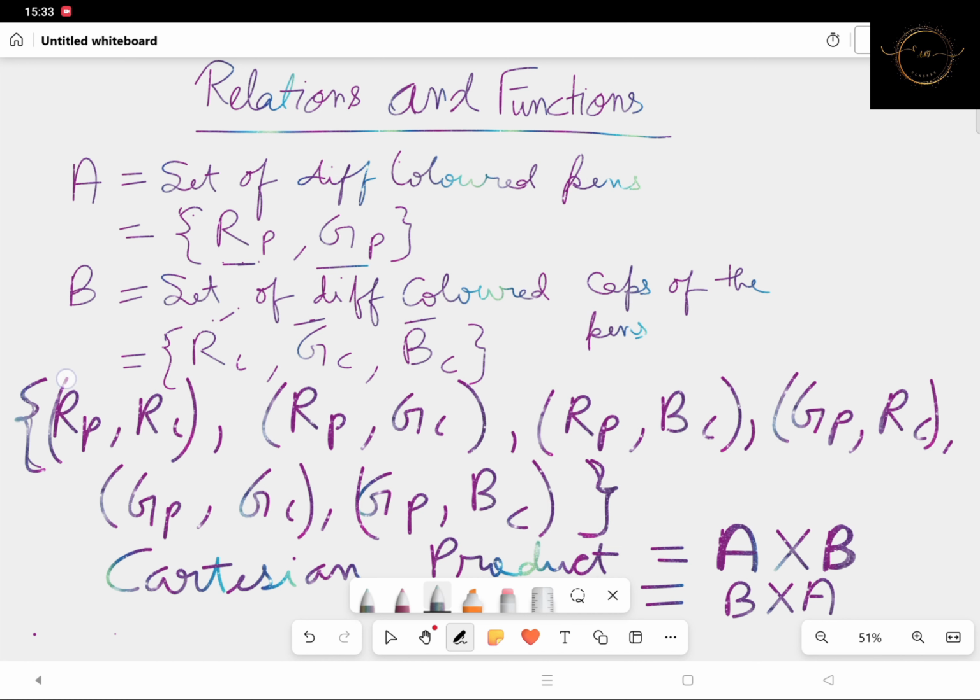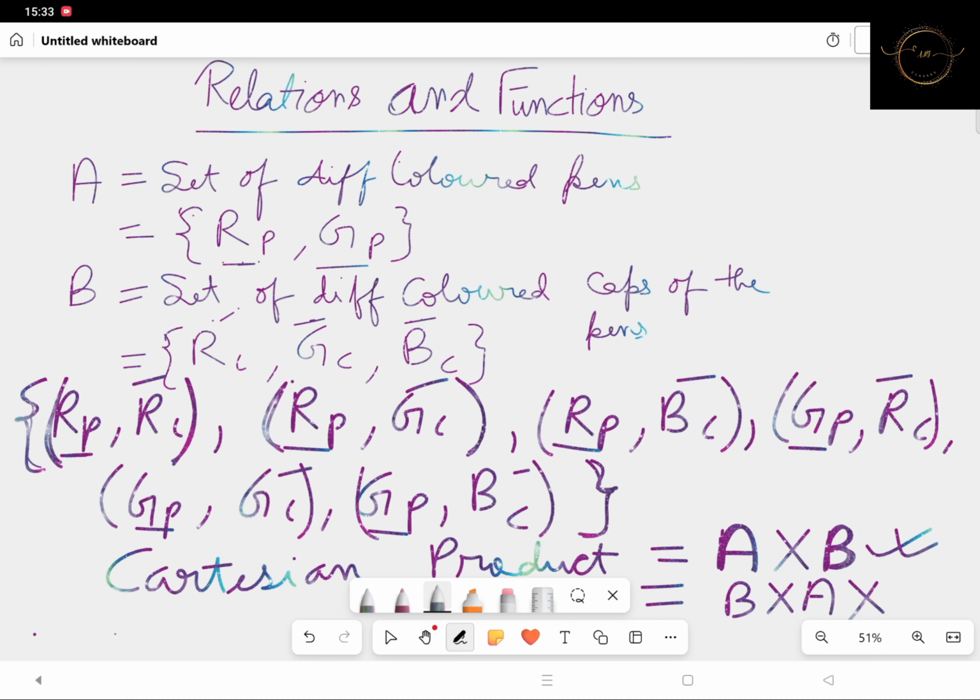Now when you clearly observe the combinations which we have made, in the first place, the pens are there, all the pens. Whereas in the second place, we have only the caps, and caps all belong to set B. That's why you have to write A cross B and not B cross A.